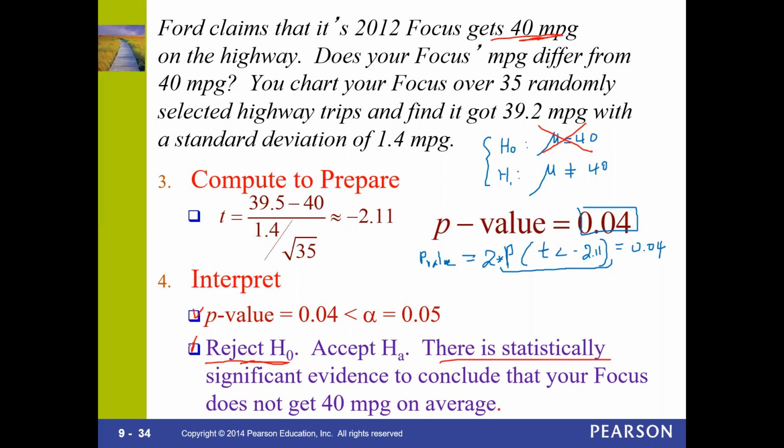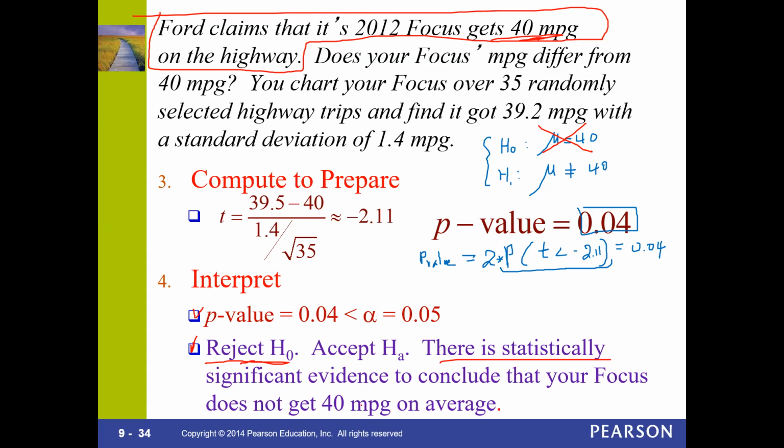This conclusion is for us statisticians. You're going to say there is statistical evidence to conclude that your Ford Focus does not get 40 miles per gallon on average. But for regular people, you have to go back to the claim and explain it to them.